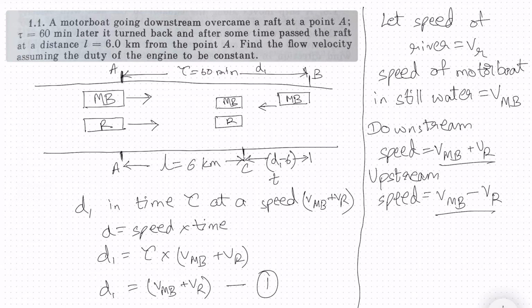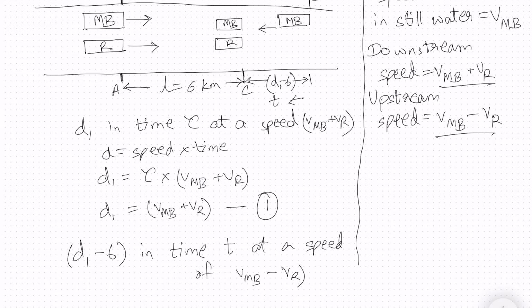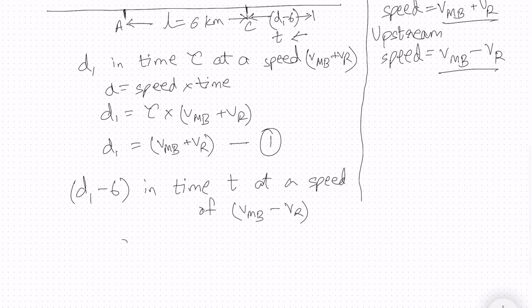The second equation, the motorboat has traveled for a time t upstream and covered a distance of d1 minus 6 in time t at a speed of VMB minus VR. So this gives me the equation d1 minus 6 is equal to time t into VMB minus VR. I still don't know time t.